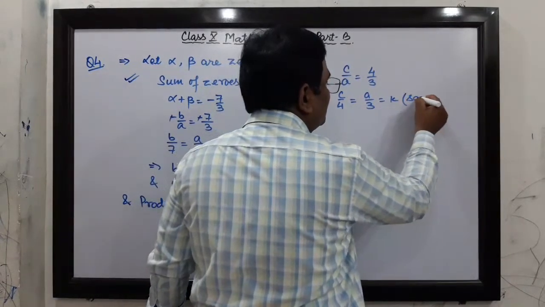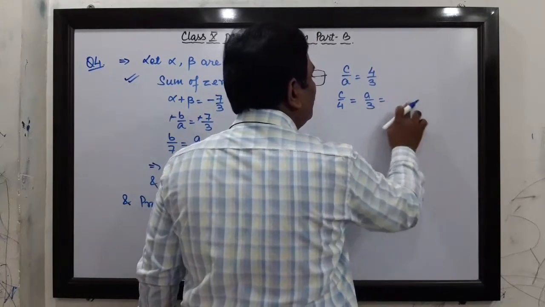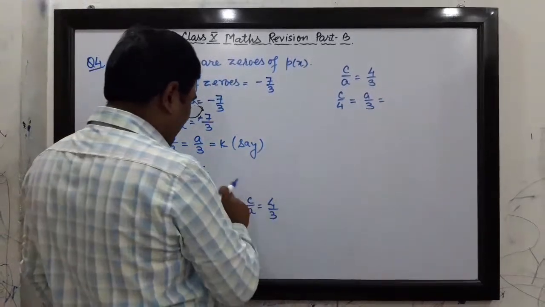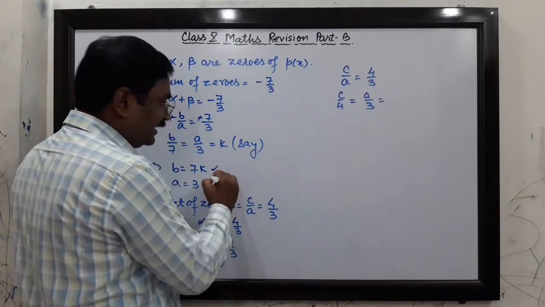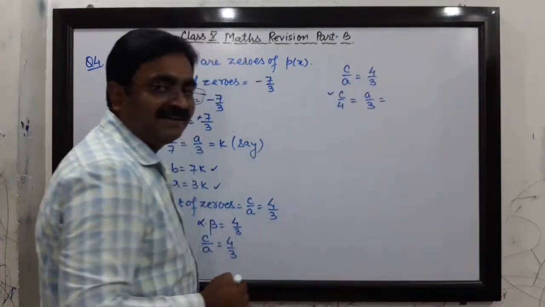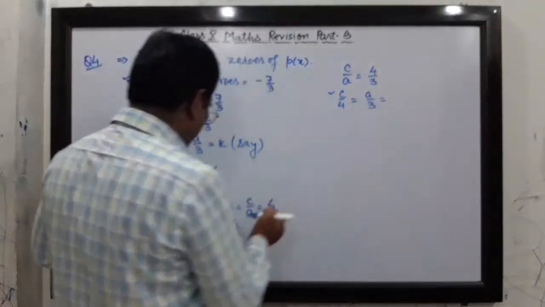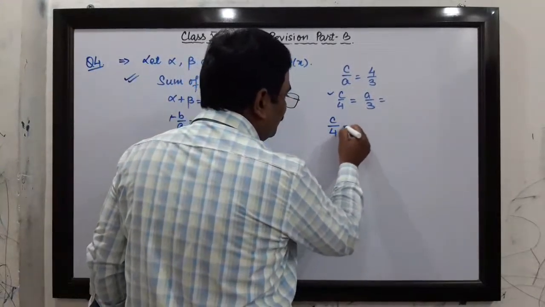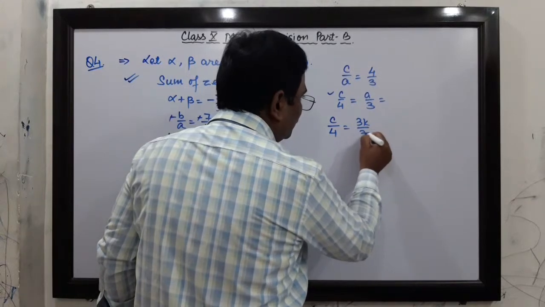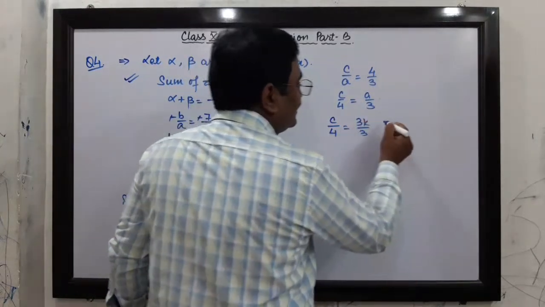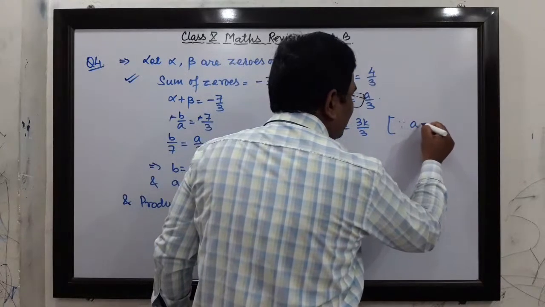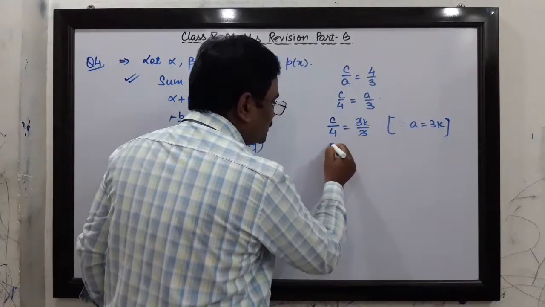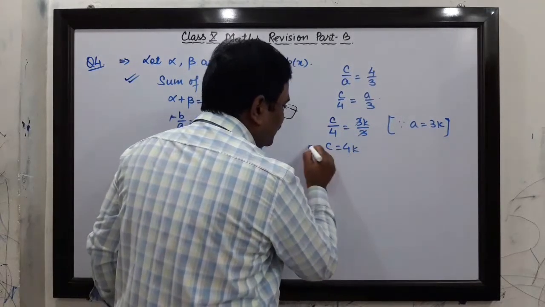This is also equal to k, or you can substitute the value. We have to find the value of c, so substitute the value of a, which is 3k here. So c upon 4 is equal to 3k upon 3, since a is equal to 3k. Okay, so you got c is equal to 4k, right?